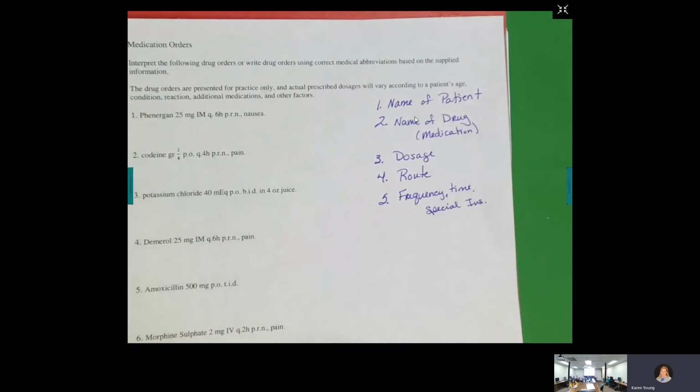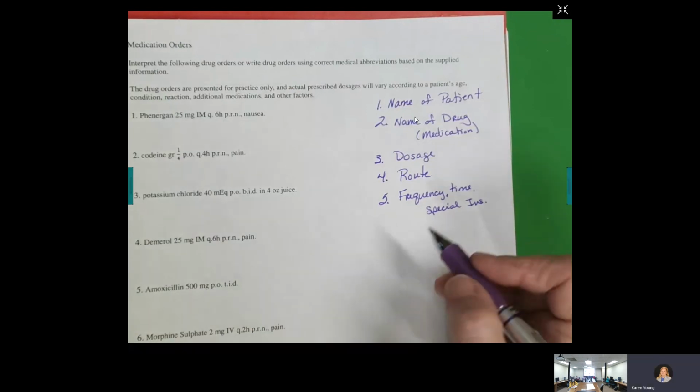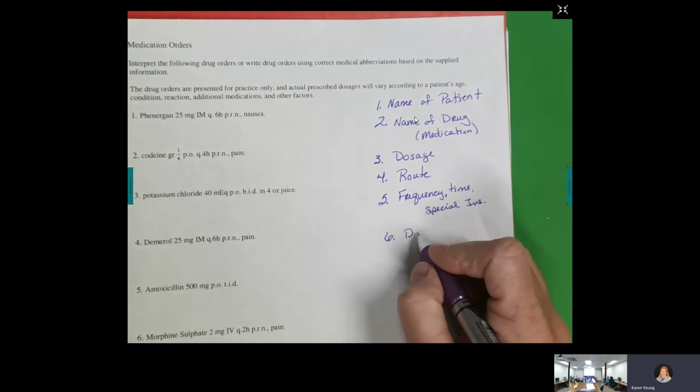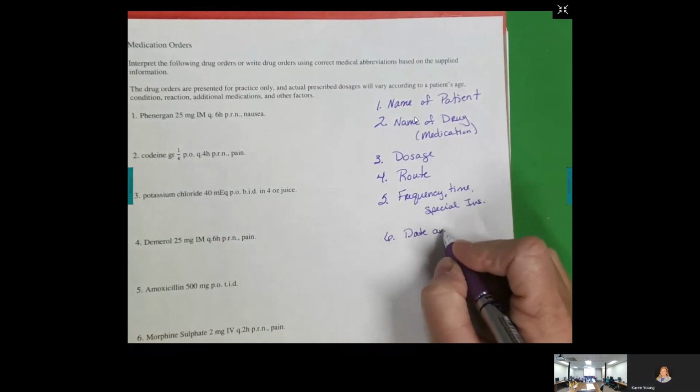The special instructions would be like taking it with food, or if it's for pain, or well, you can see some of these for nausea. Sometimes it's take before meals or after meals. You just have to be careful and read. The 6th one is you need the date and the time it was written.